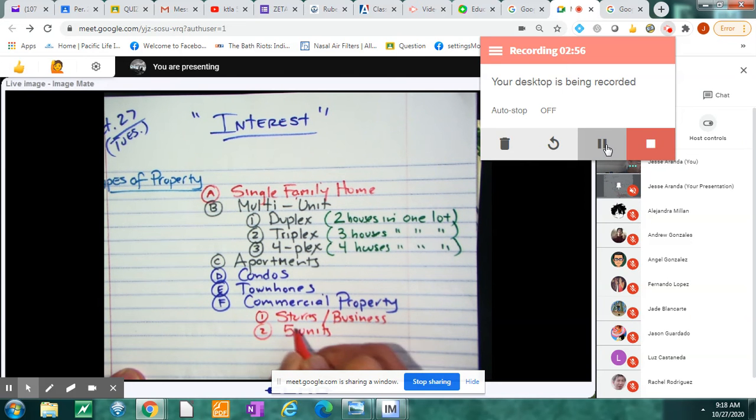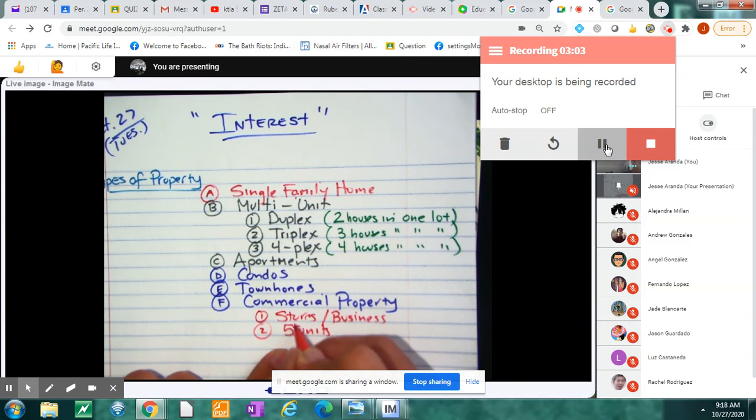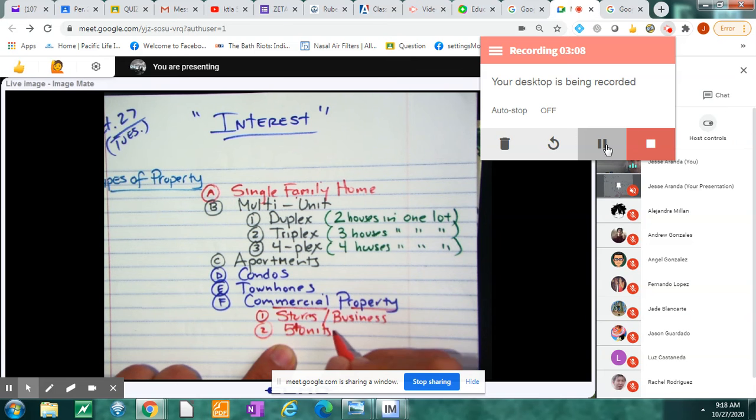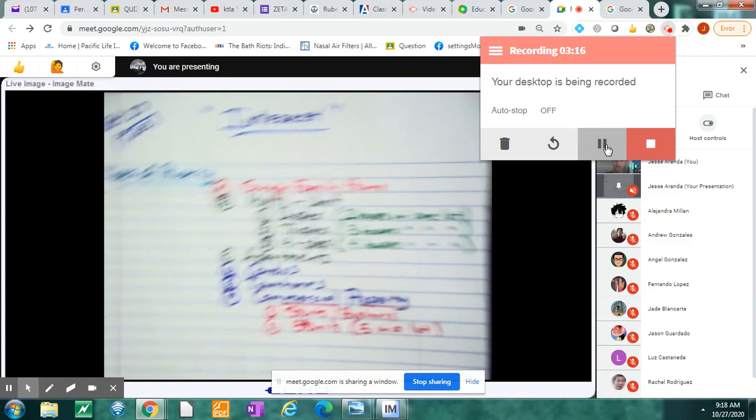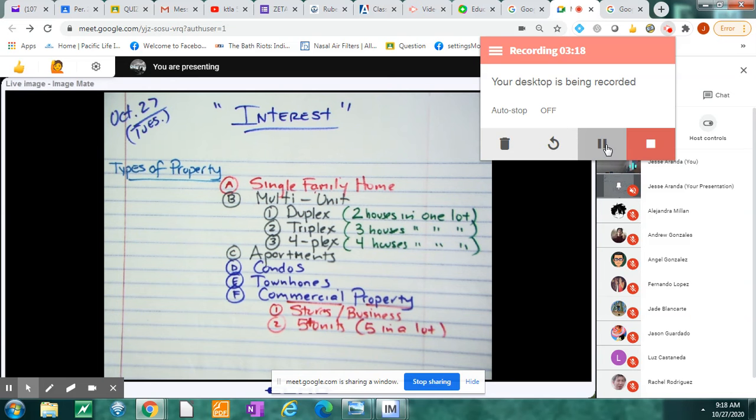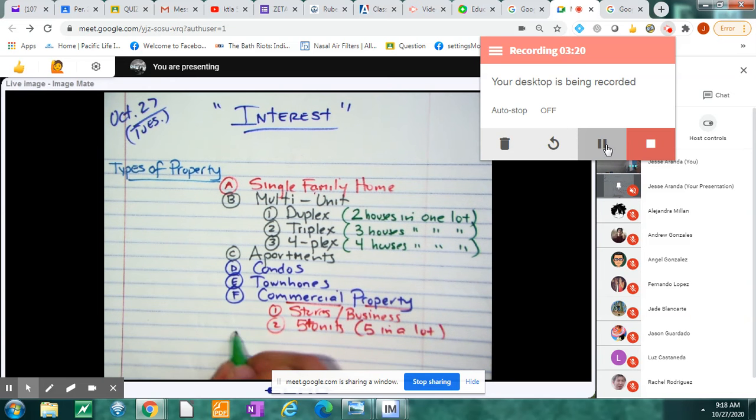I'm not sure actually, it might be 5 to 8 units, but 5 units or more in a lot are called commercial property. And the last thing we did, you remember, was what? The empty lot, the lots and land. So go ahead and write that real quick.